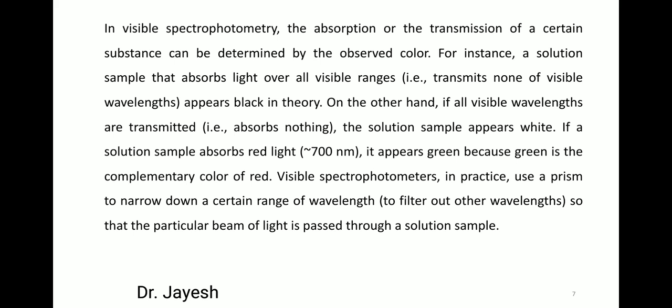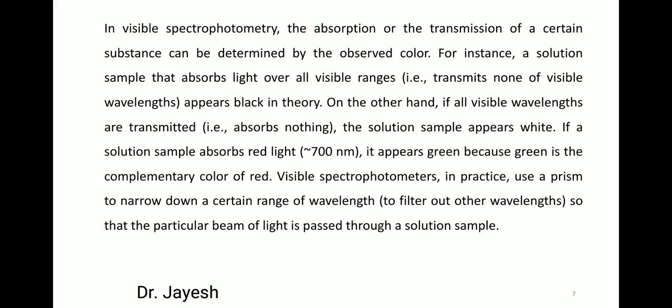In visible spectrophotometry, the absorption or the transmission of a certain substance can be determined by the observed color. For instance, a solution sample that absorbs light over all visible ranges, that is transmits none of the visible wavelengths, appears black in theory. On the other hand, if all visible wavelengths are transmitted, that is absorb nothing, the solution sample appears white.